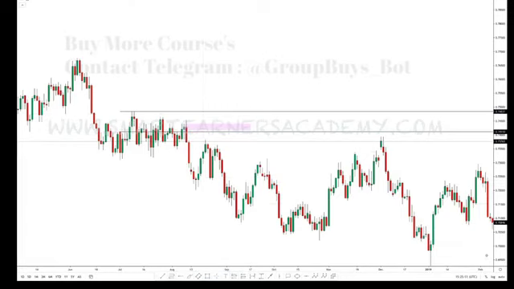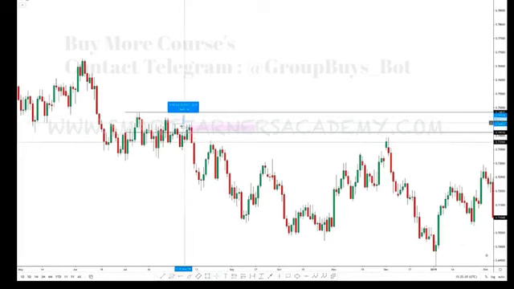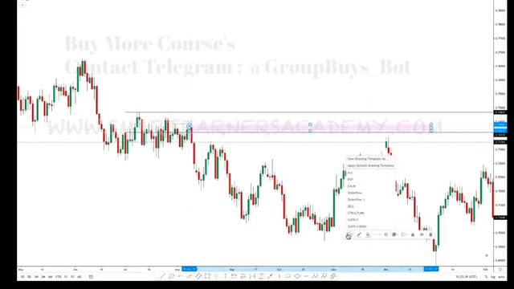What happened here was liquidity was taken from this order flow. Order flow was very sharp at this point, but we had an unfilled order from this liquidity. So in that case, that could be a sell interest.